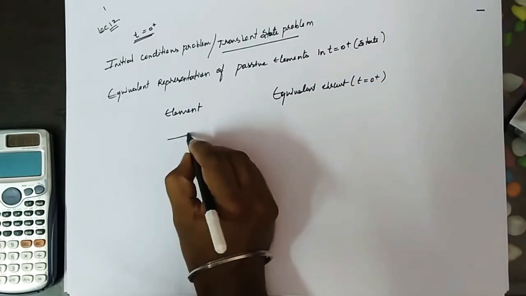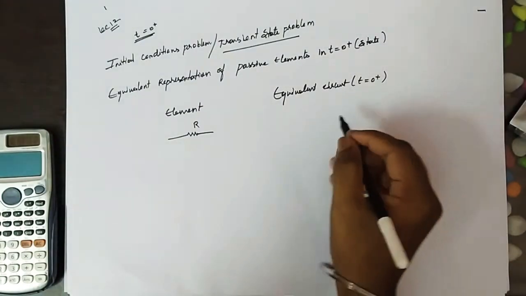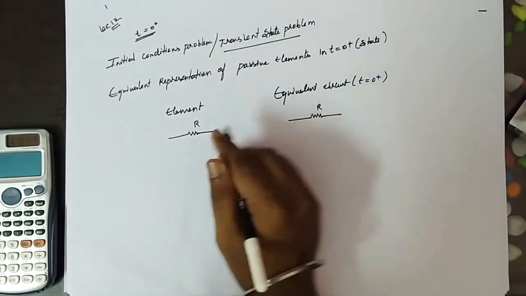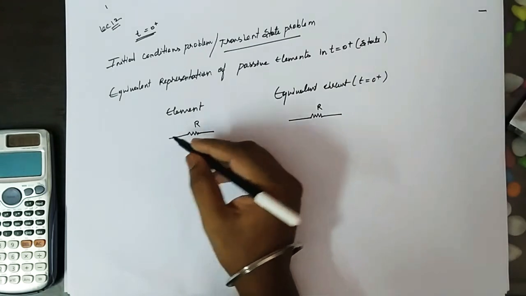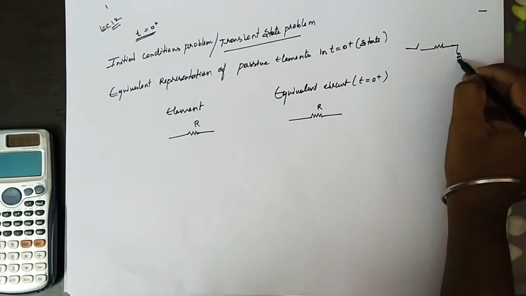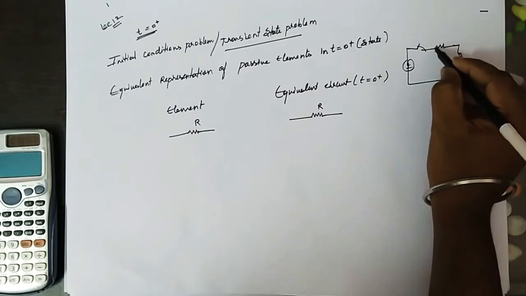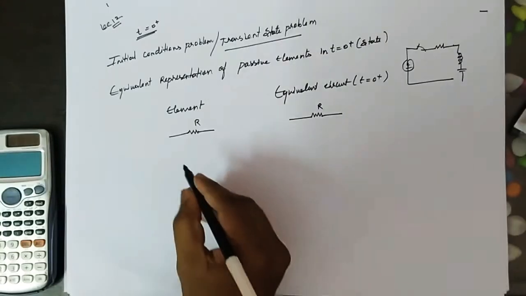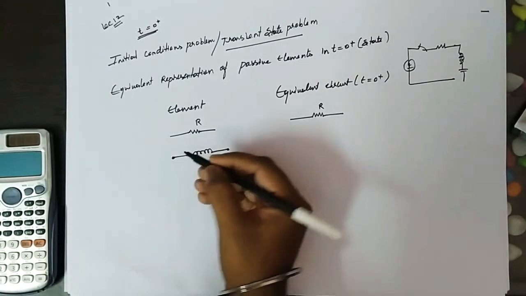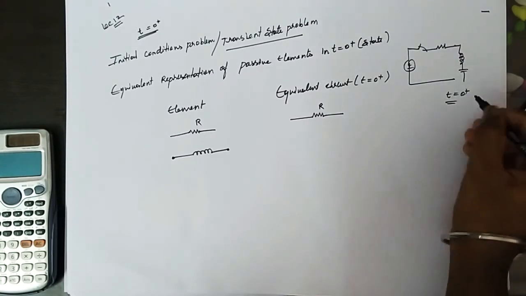As we know, resistor R has no change. After t equal to 0 plus, it also represents like this only. Whatever resistor you have in a switching circuit, after the switch is on, the resistance will remain the same. Now for the inductor, at the initial state at t equal to 0 plus, the inductor doesn't allow sudden change.